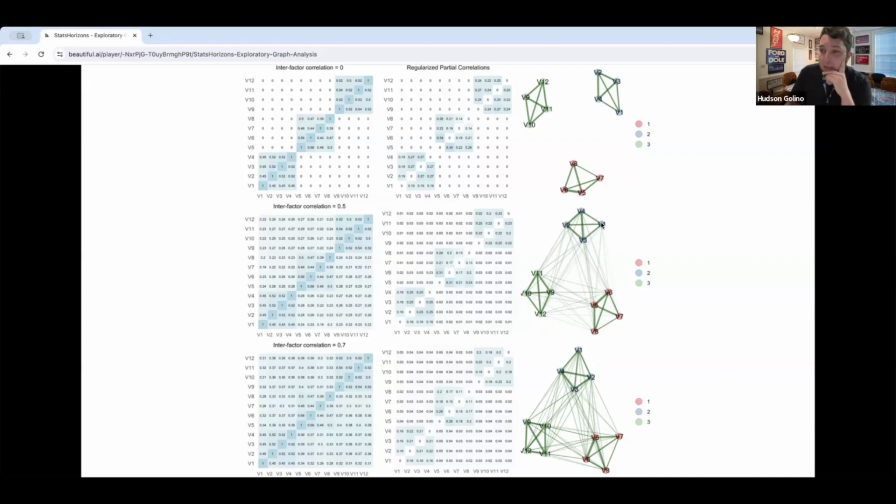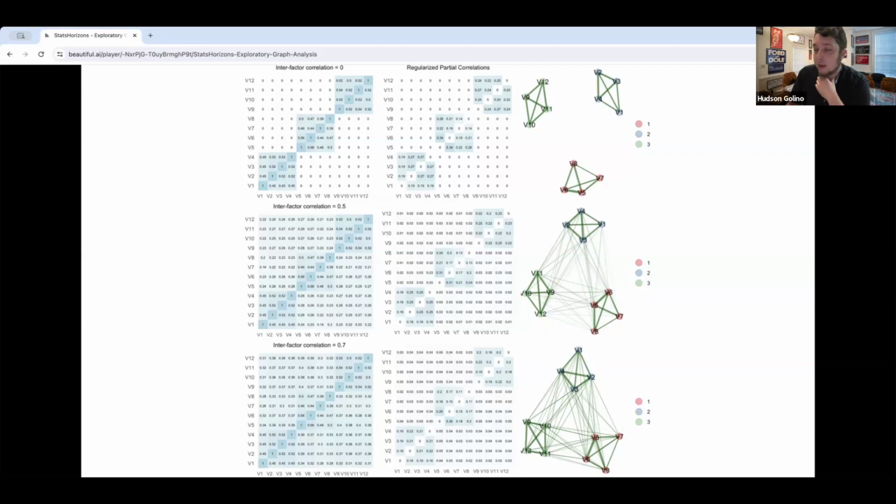But if you look at the network structure, you can see that within cluster, the regularized partial correlations are higher than between clusters. As we increase the interfactor correlation and we have a very high interfactor correlation, it's basically impossible to see the number of factors here in the correlation matrix, much easier to see when we have the regularized partial correlation matrix.